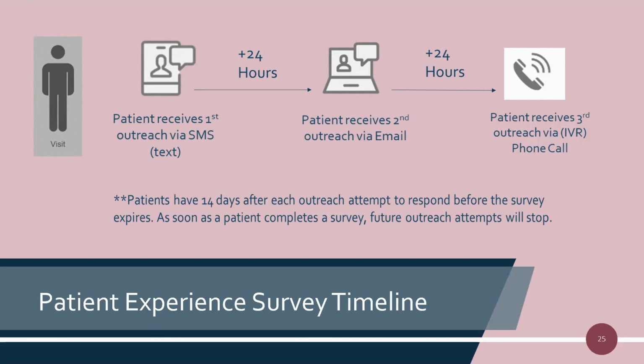If the patient has yet to respond within 24 hours, they will receive a second attempt via email to participate. After 48 hours, the patient will receive a third outreach via IVR phone call to take part. Patients have an allotted 14 days after each outreach attempt to respond before the survey expires.